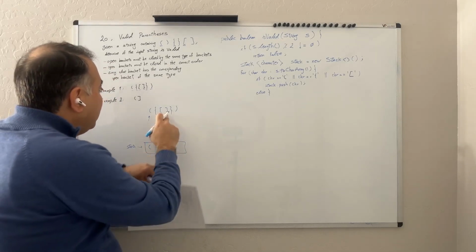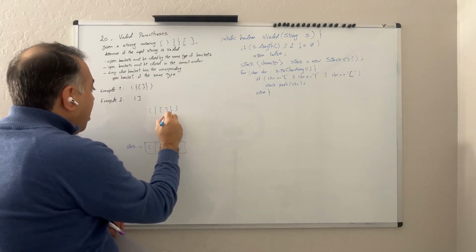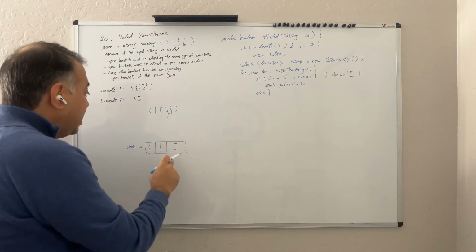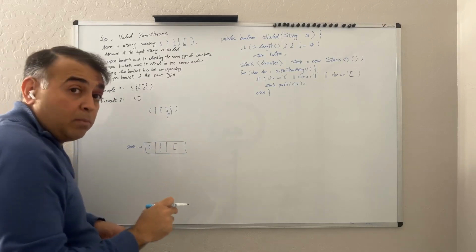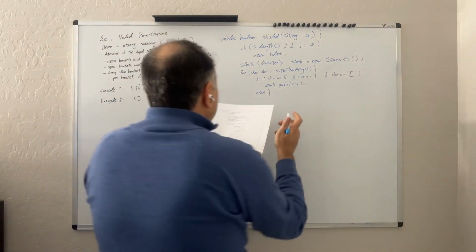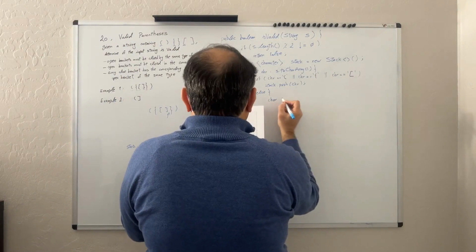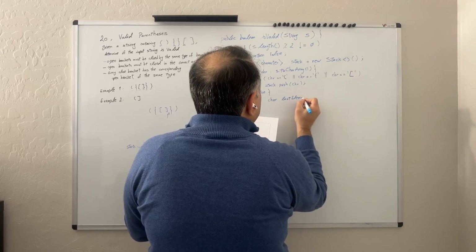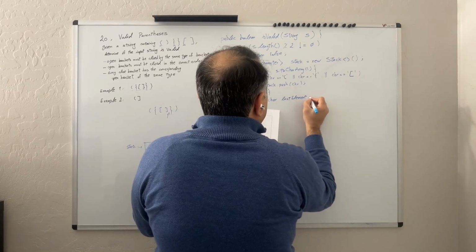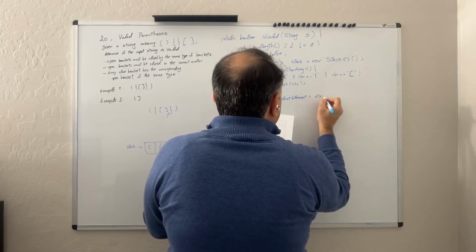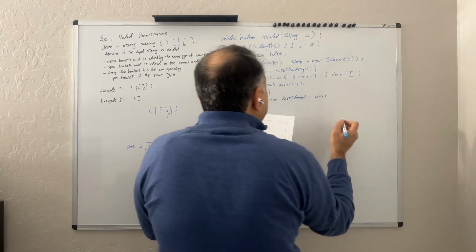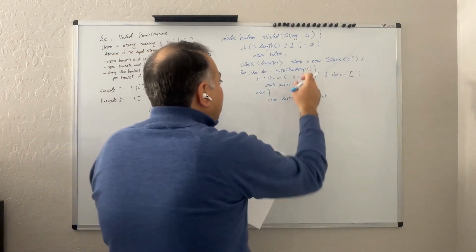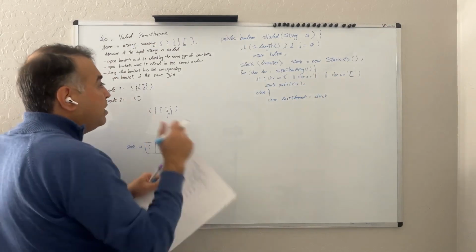So when I get to this character, I always need to pop the last item from the stack and check: is it the same type or not? I need to pop the last element from the stack to check if it is the same open parenthesis as the element the pointer points to in the string.